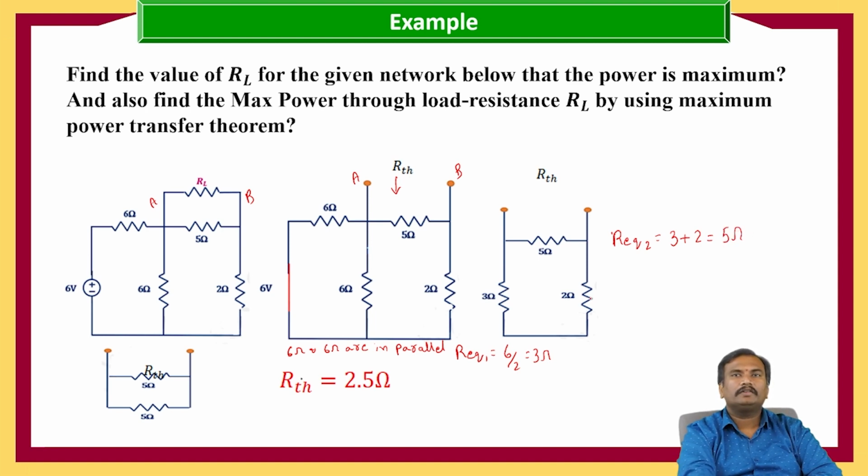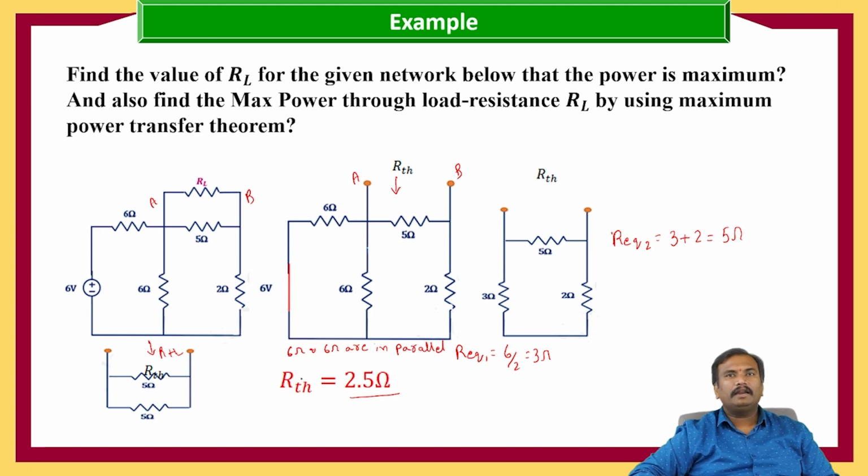So this is R equivalent 2, 5 ohms. Now if we replace it, RTH is equal to 5 by 2, that is 2.5 ohms, because these 5 ohms and 5 ohms are connected in parallel. So now we got the RTH value as 2.5 ohms.